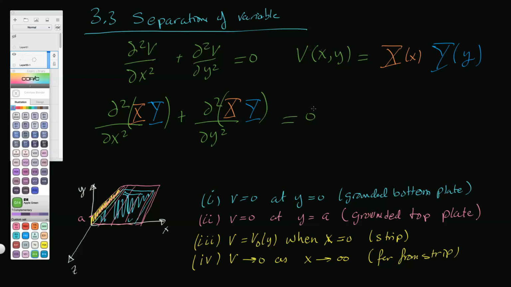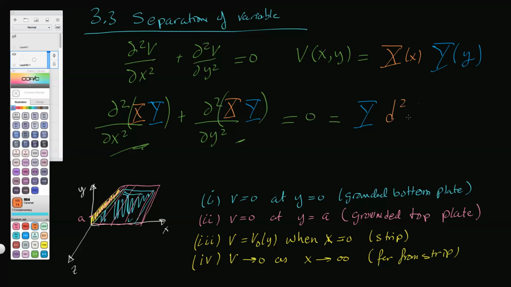Okay, so the great thing here is, of course, on this term, the Y can just come right out because it doesn't depend on x. And on this term, the X can come out. So on this side we get Y times the full derivative, right? Ordinary derivative. And now I can write this all in orange, my bad.